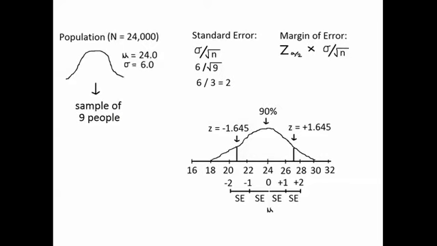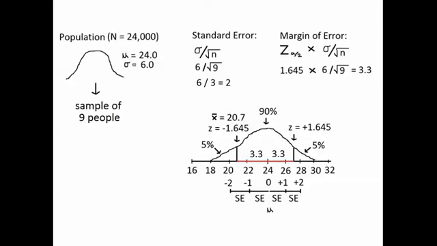If we calculated the 90% margin of error, it would also be smaller. So this is telling me that when I randomly select my sample of 9 people from the population and calculate the sample mean, I have a 90% chance of getting a sample mean within 3.3 of the population mean. So my sample mean is likely to be pretty accurate.